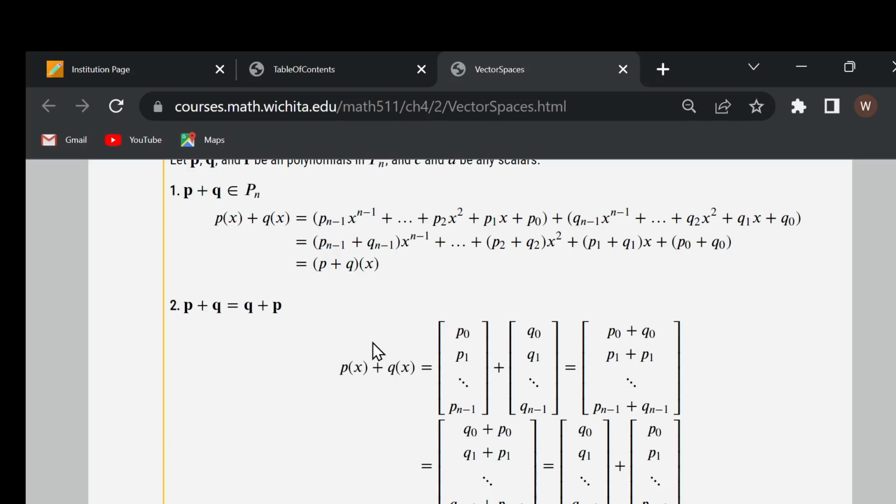So Rn is a vector space, we knew that already, and now we realize that Pn is a vector space, but they're both described by a list of n numbers. So from the computer science perspective, is there any difference? No. Okay, there is. In one of them, the list of numbers represents an arrow in space, or something else that requires a list of n numbers.